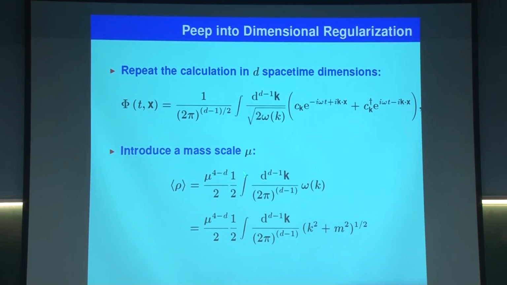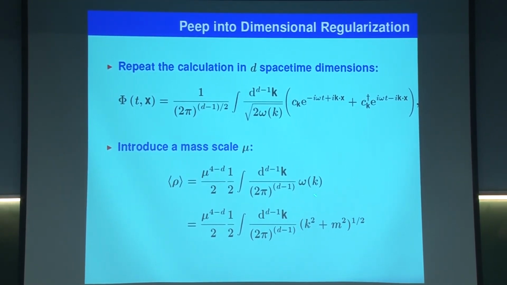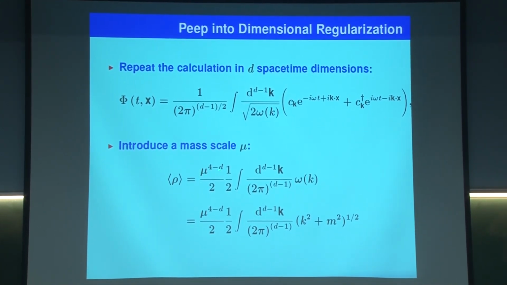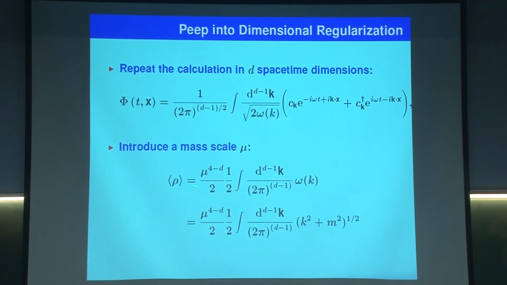So, you put a μ^(4-d), after all when d is equal to 4 it will not contribute. The idea is that when you do this integral and you have omega, this and then this μ^(-d) will exactly cancel out, so that you will get an expression which is μ to the power 4, and μ to the power 4 will have the correct energy density. So, you introduce a scale just in front and then you want to compute this quantity.